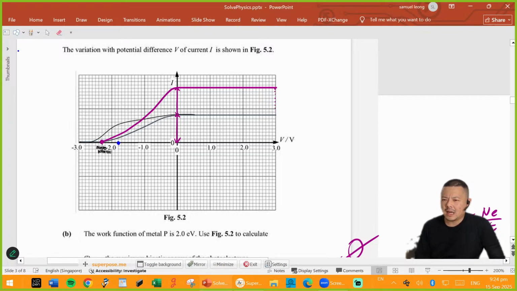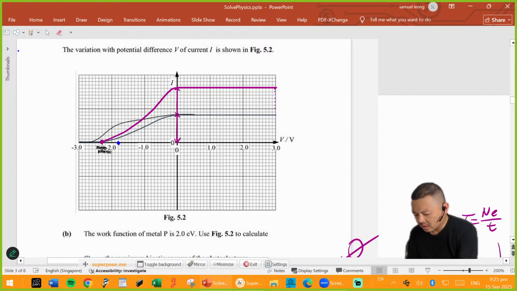But I'm a bit concerned. Same as part C, the intensity is the same. So you can start from 1.8, but it will reach the same level as the first one.